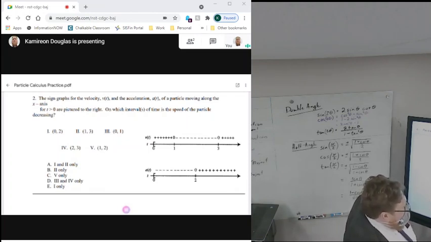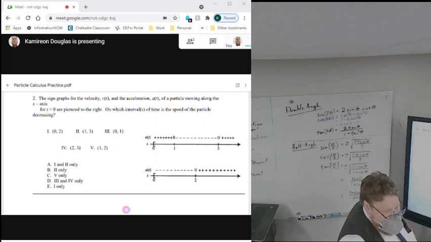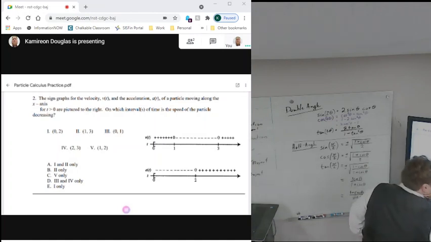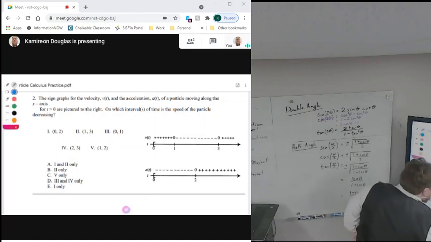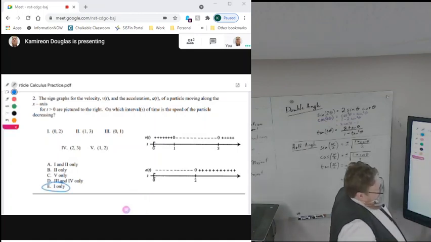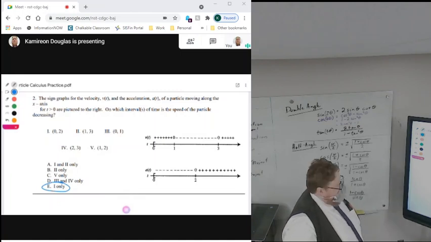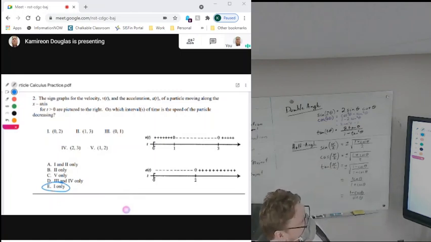Because it still has a negative acceleration, right? But there's no option for 1, 3, and 5. So of those ones, which one's the best option? 1 or E. Why would you think they might have not included the other two? Just trying to trick you up. Yeah, that'd be a good option, right? It could also be that it's not which intervals it actually covers, the entire thing.